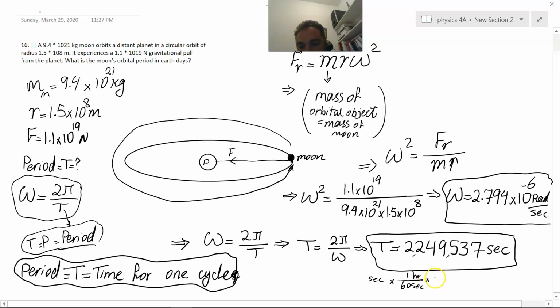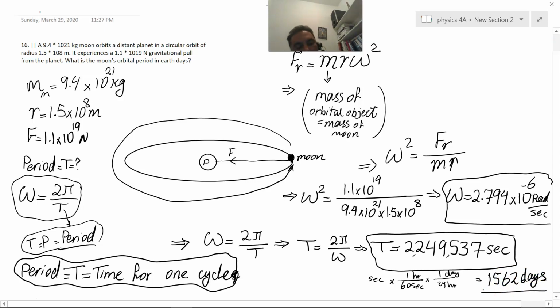Then hours must be converted to days. Correct. So hours here, days here. They say by Earth day, you know, 1 day is 24 hours. So if I do that number divided by 60 divided by 24, 1562 days.